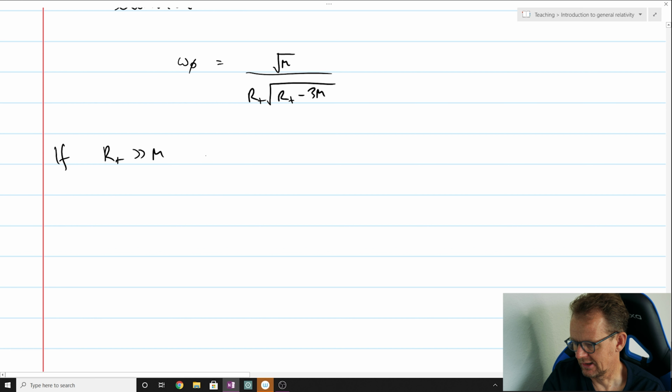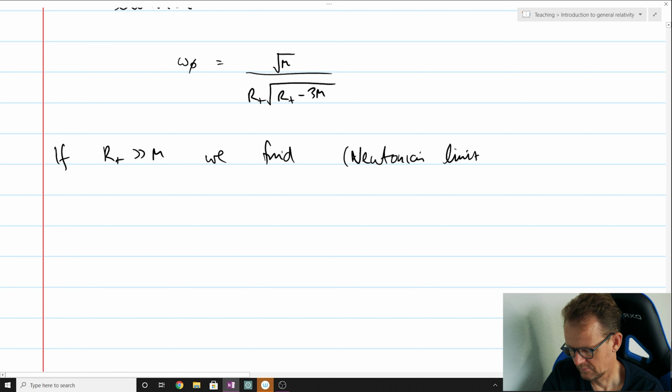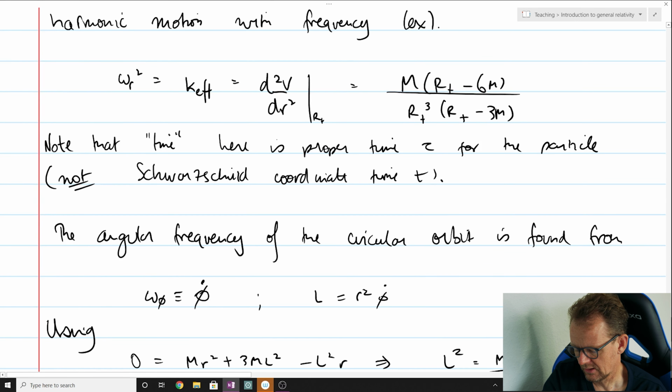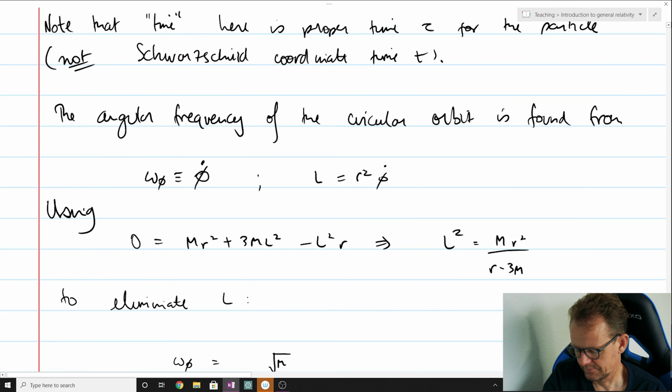So for R plus really large, this is the Newtonian limit. What are these angular frequencies? Well, one of them is approximately m over r plus cubed, and the other one is approximately m over r plus cubed. Okay, so great. So in the far r limit, the larger r limit, these two frequencies are commensurate.